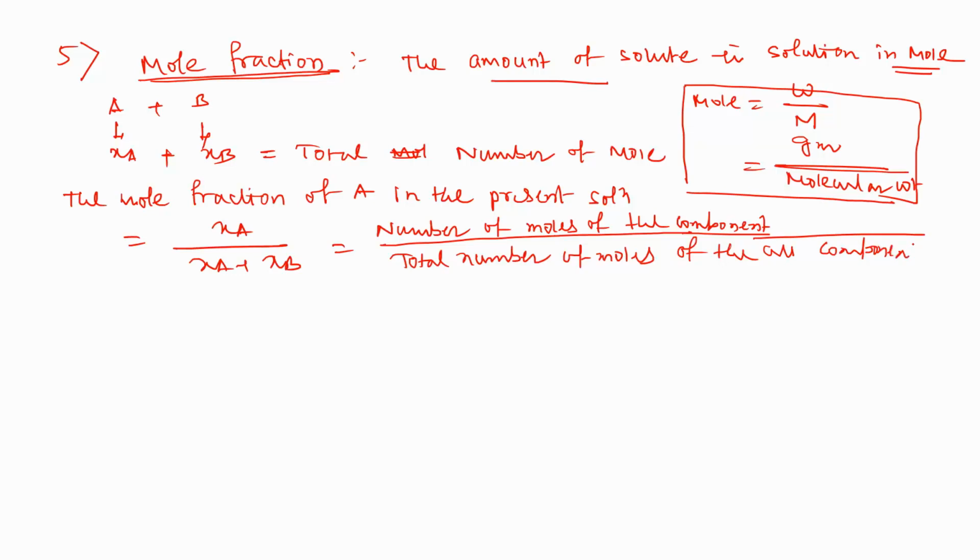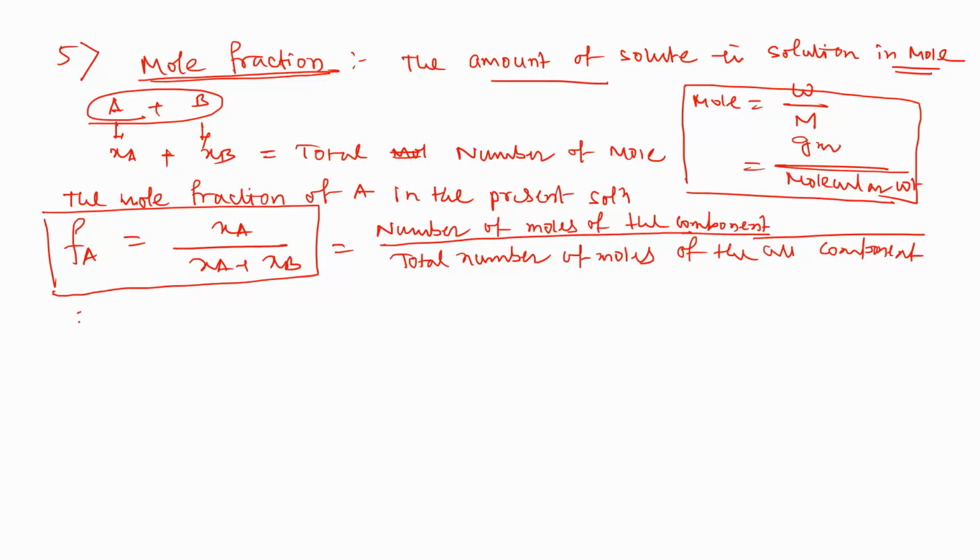So in this example, here we have shown two components, A and B. That's why the mole fraction of A equals XA by XA plus XB.